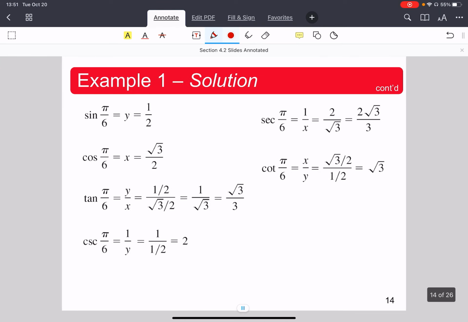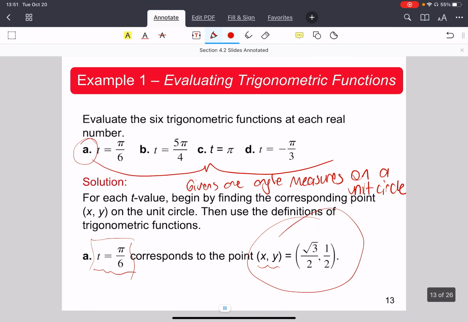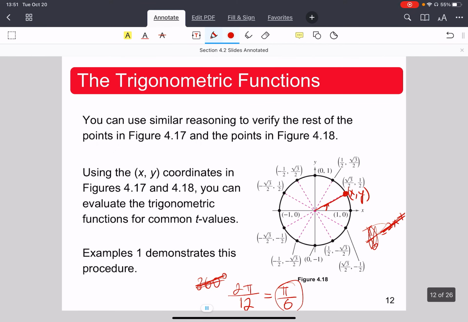So what I'm going to do next is evaluate each of my functions. I know that sine is always y, which is the vertical distance. So let's go back to the unit circle. The y in this case, and x is what we're interested in. You guys realize this purple is going to be y, because that's the height.